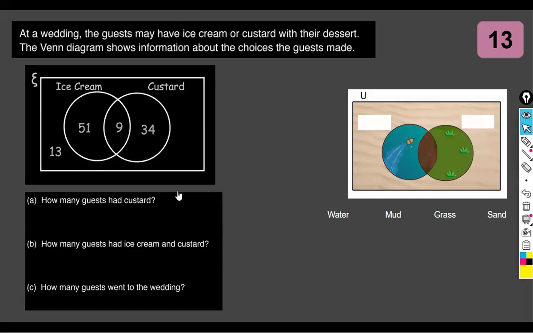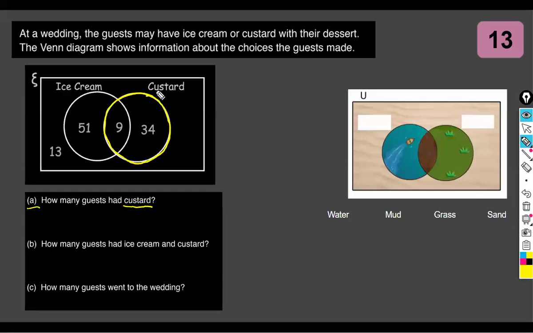So, how many guests had custard? Part A. Now, you notice in this question, they did not say custard only. They just said custard. If they just said custard, then they're referring to the whole custard circle.